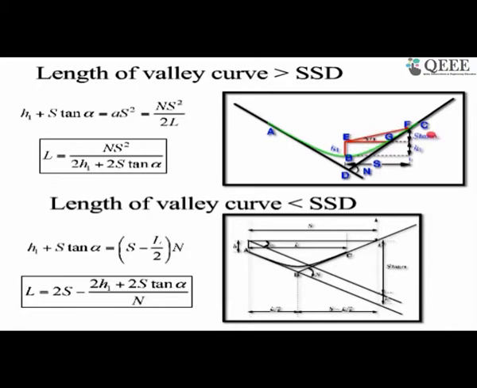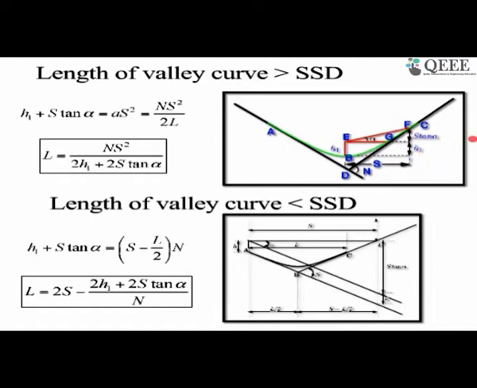So if we know this alpha angle, which we generally know from the manufacturer specification, and which is generally close to 1 degree or 2 degree, mainly it is 1 degree, then we can easily find out what is the length.